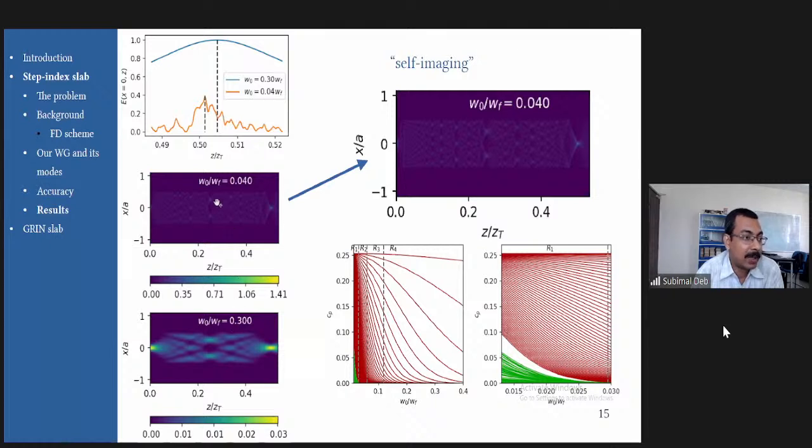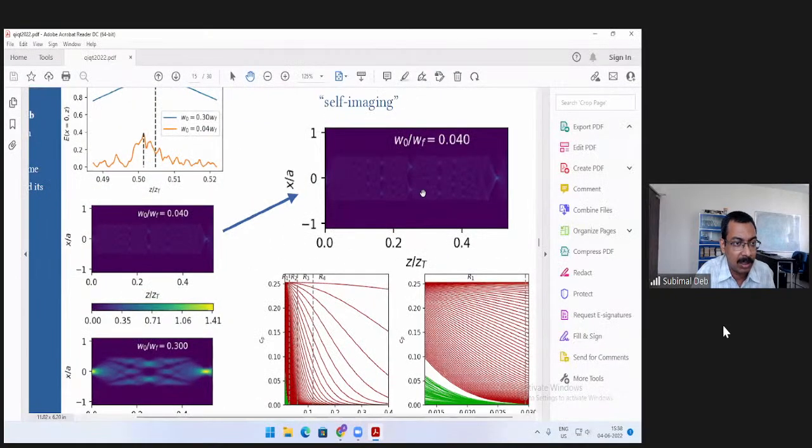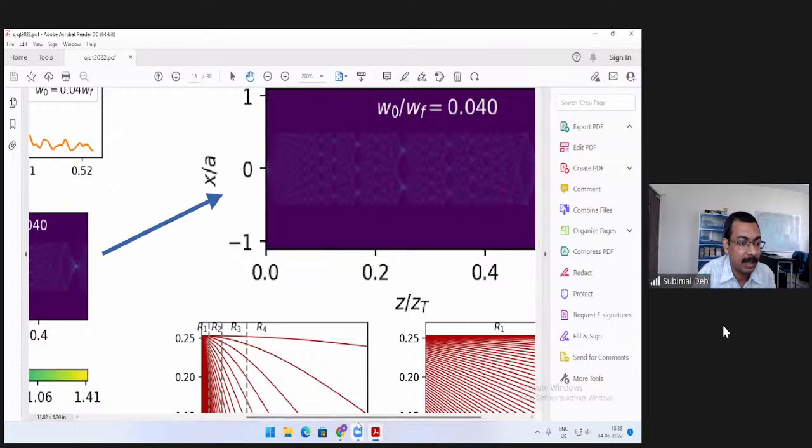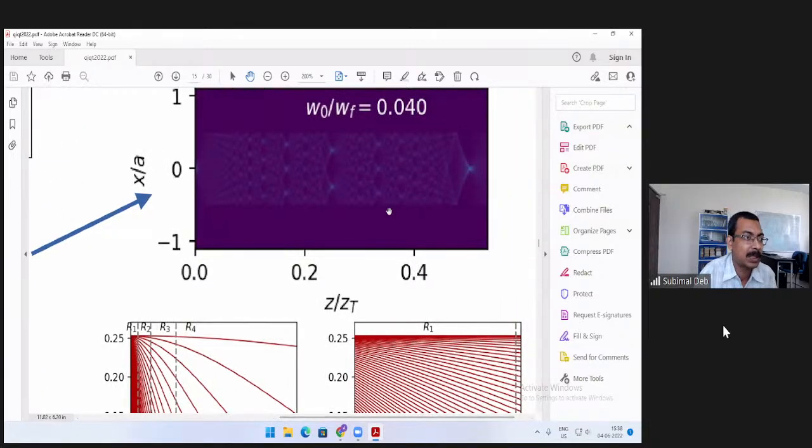But when you go to the non-paraxial domain, that is W0 by WF is 0.04, which is well inside, you can hardly find the intensity pattern. I'm not sure whether you can make out that the intensity carpet exists, but nevertheless, I'll try and expand this so that you can see that indeed you have a carpet.